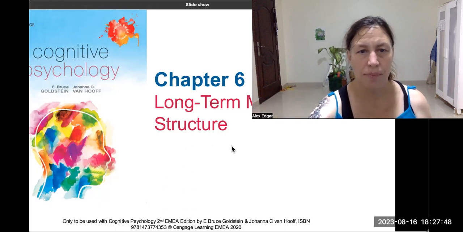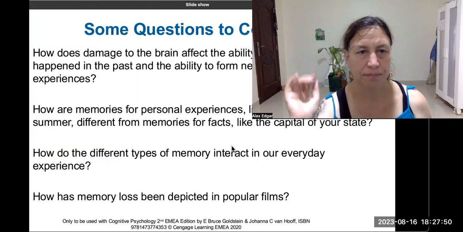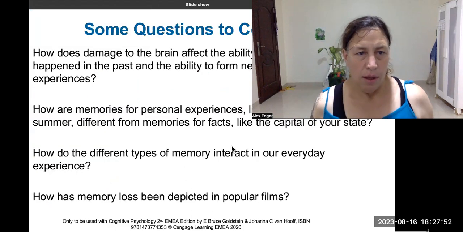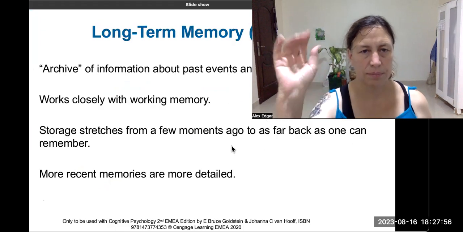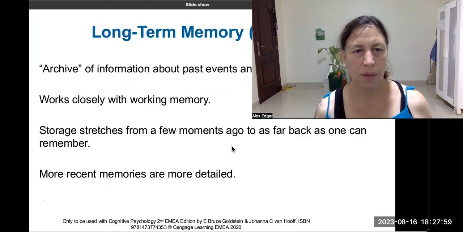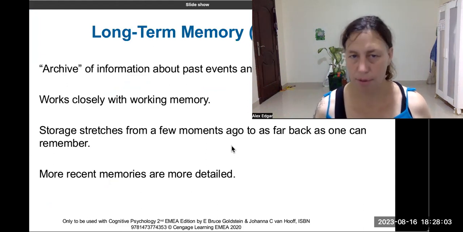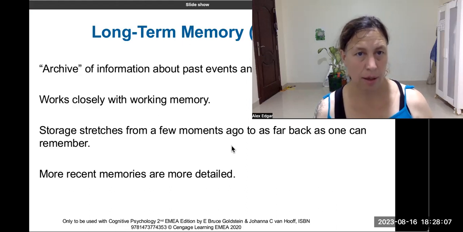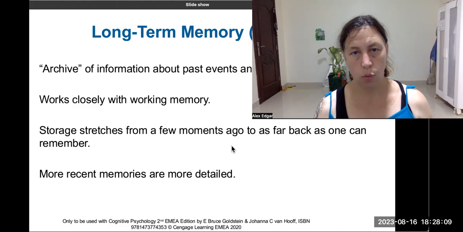Long-term memory, structure. Long-term memory is the archive of information about past events and knowledge learning. It works closely with working memory.